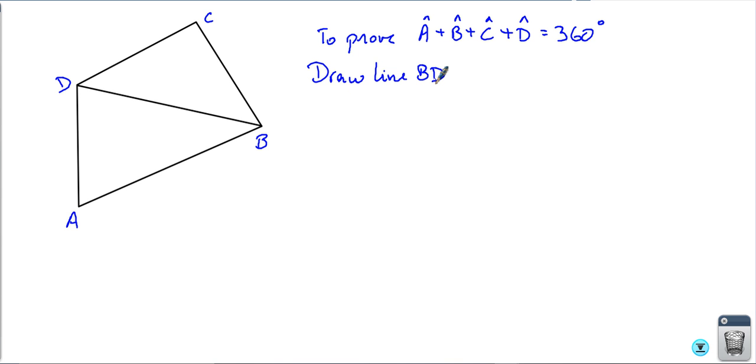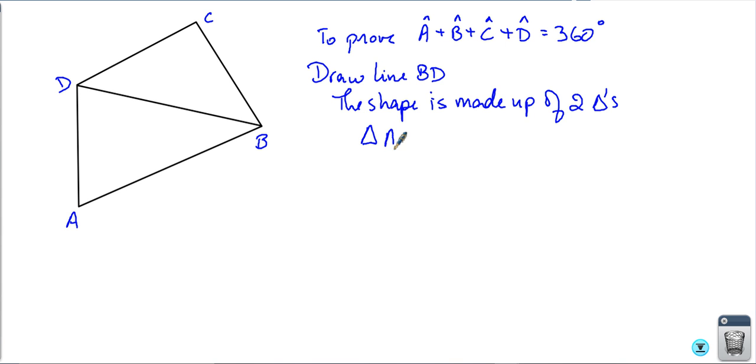So now the shape is made up of 2 triangles. Okay, we have triangle ABD and we have triangle BCD.